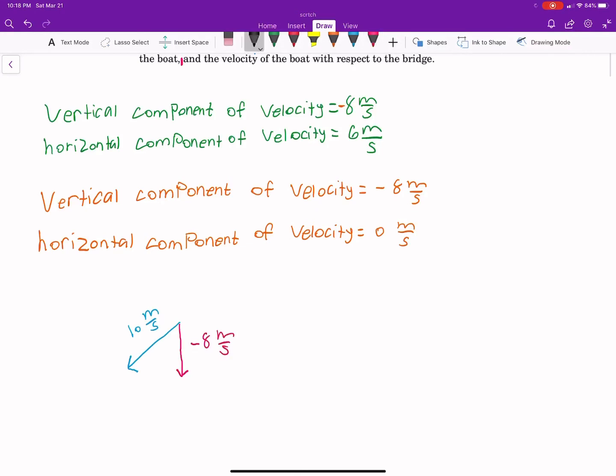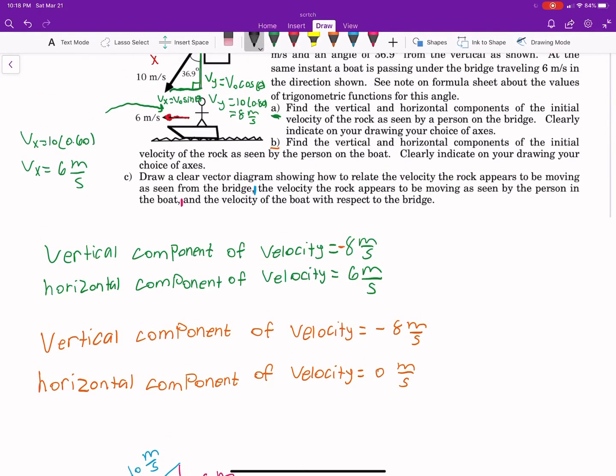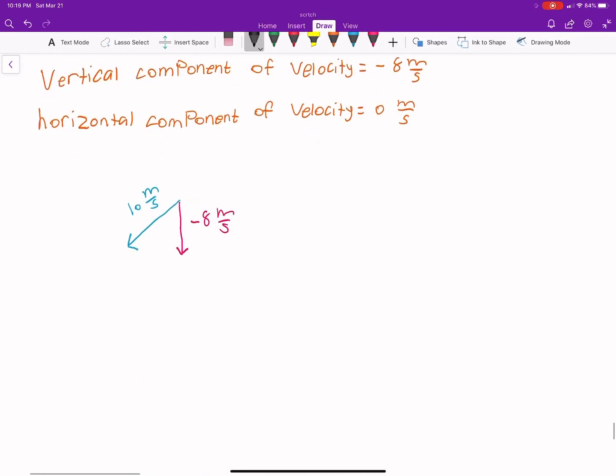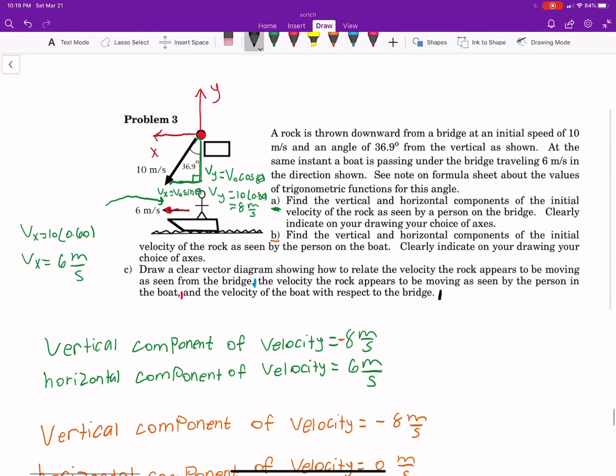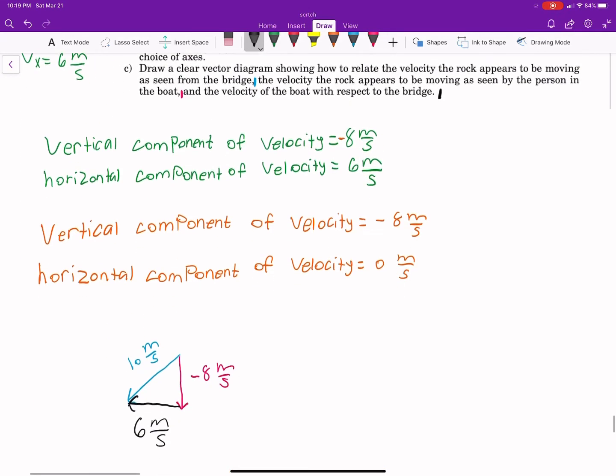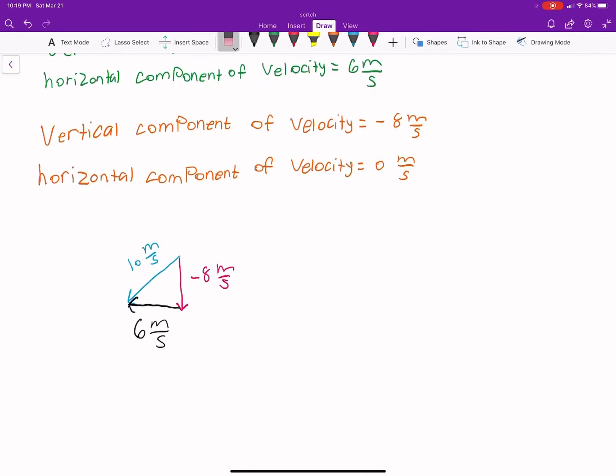And I guess I'll just use black again. And the velocity of the boat with respect to the bridge? Well, the bridge isn't moving. So he's just going to watch the boat move at 6 meters per second, because you're just standing on the bridge and you're watching the boat move. So that is our little vector drawing.